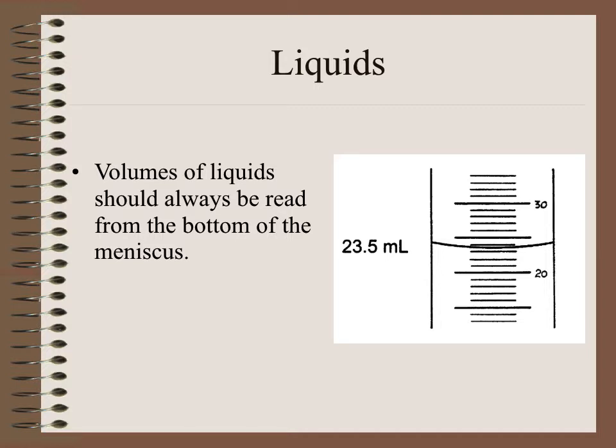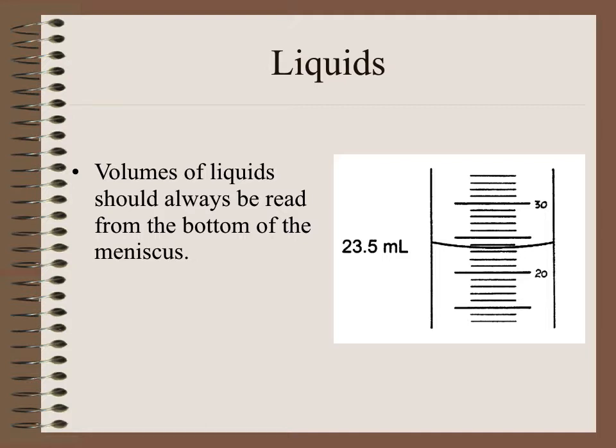When you are using a graduated cylinder, it might look something like this. So notice how we have this curve that is formed. The volume of the liquid should always be read from the bottom of the meniscus, so the bottom part of the curve. When you are reading a graduated cylinder, every graduated cylinder is different, and you will have to analyze it to determine what the markings mean.